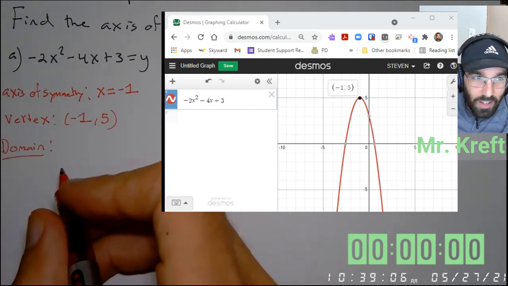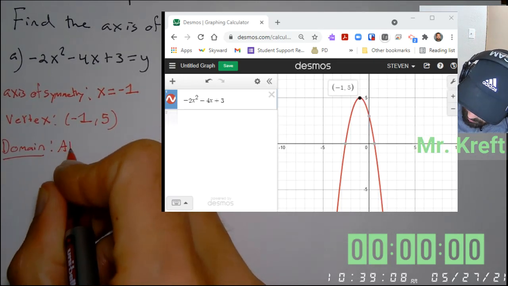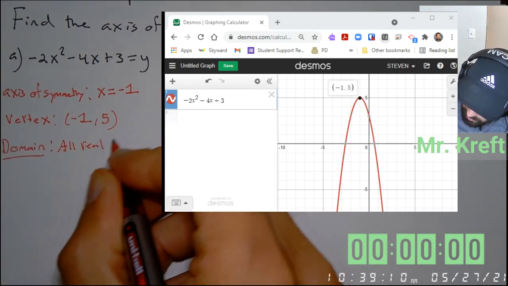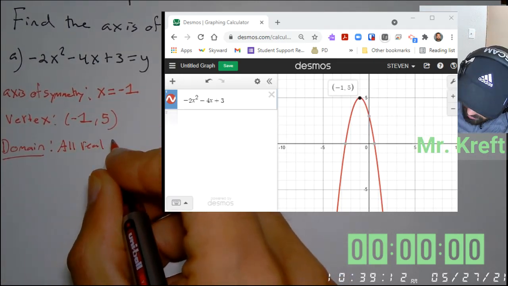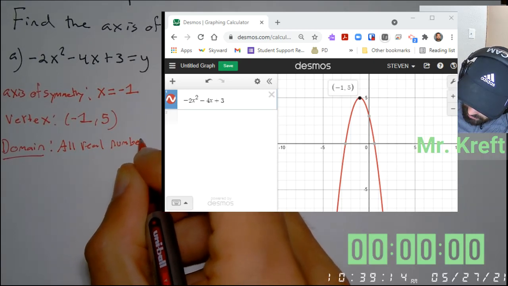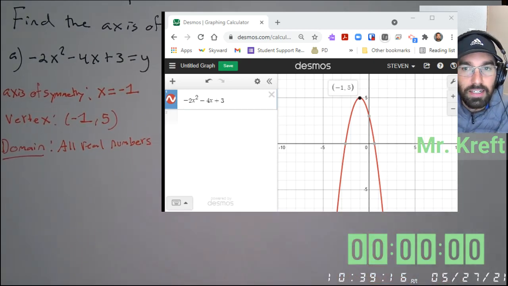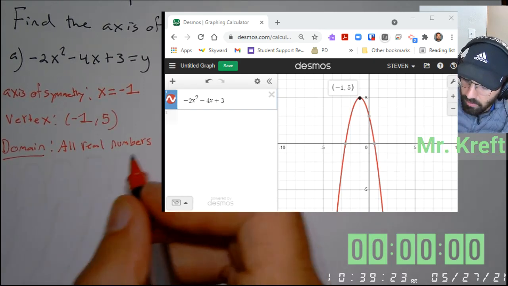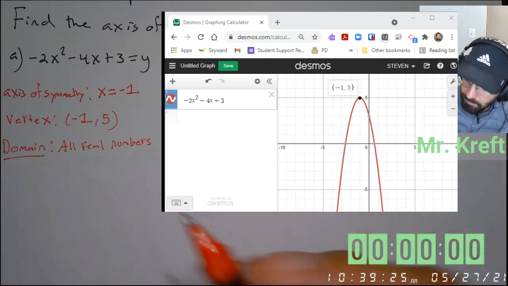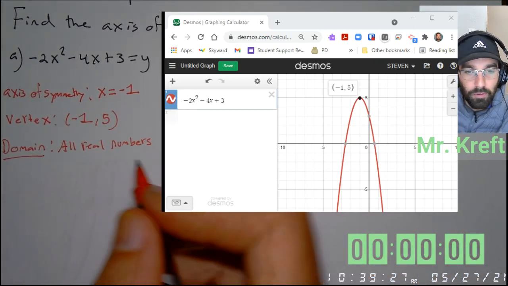Yeah, there we go. You guys are awesome. It's always going to be all real numbers. You guys aren't going to get into functions that have domain restrictions until Algebra 2. You're just going to be taking geometry next year, so we're just kind of introducing it. So all real numbers.